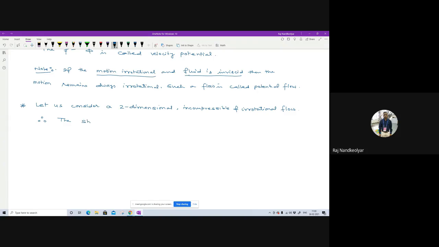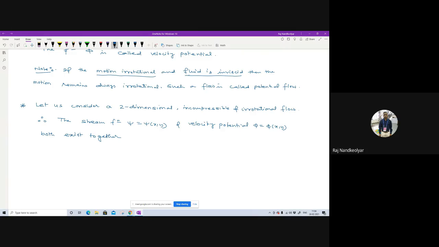The stream function psi equal to psi(x,y) and velocity potential phi equal to phi(x,y) both exist together. ठीक है ना? I hope it is clear to everyone.